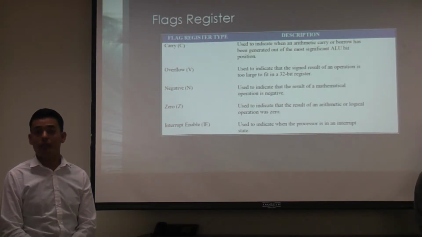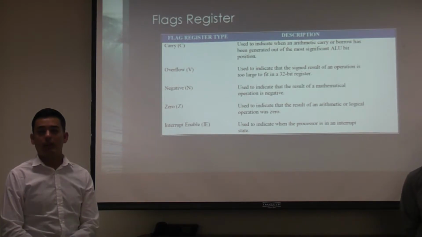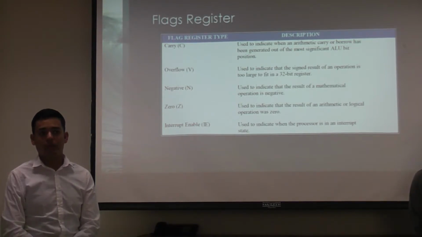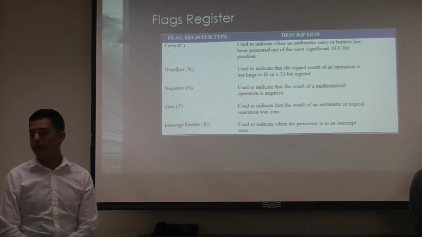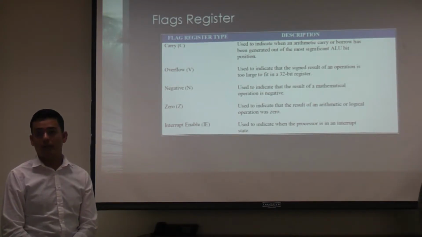We have the negative flag, used to indicate if an operation made the negative flag go high. Pretty much every operation will output a negative for the most part. And then we also have the 0 flag that will indicate if an operation gave back a 0.